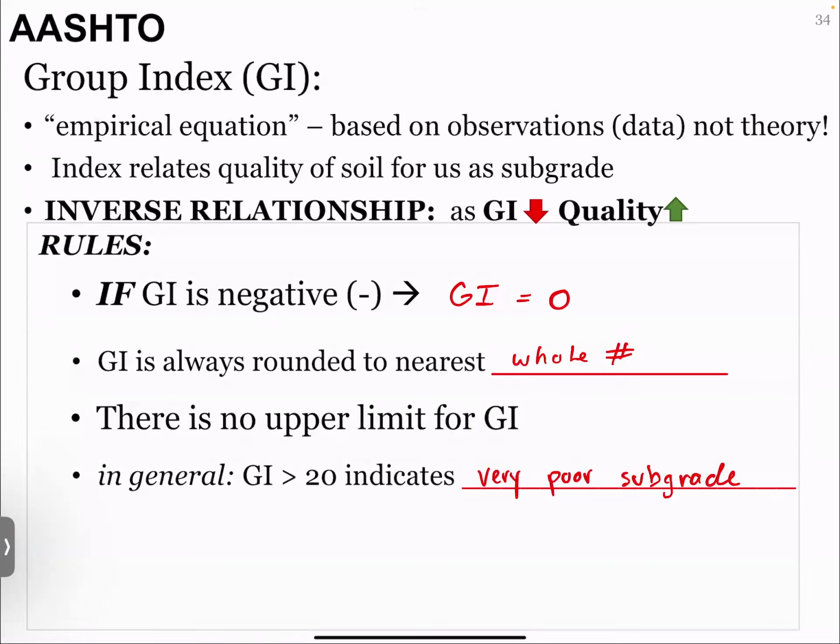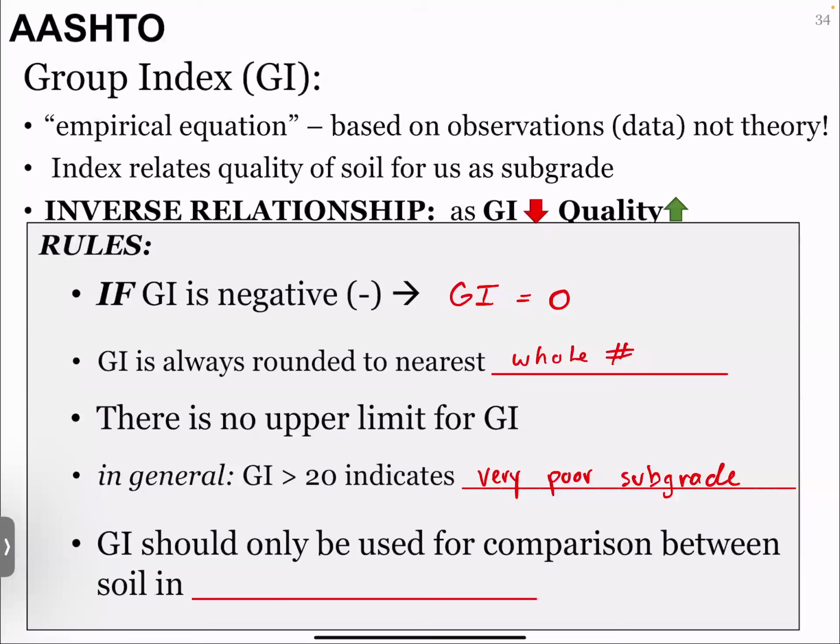The reason we use group index primarily is for comparing soils of the same classification, only within the same group number. So let's say we have an A2-7 from this person's land and an A2-7 from another person's land.